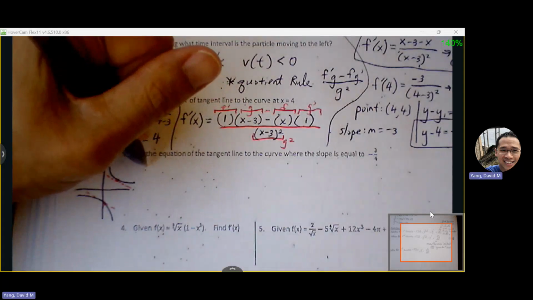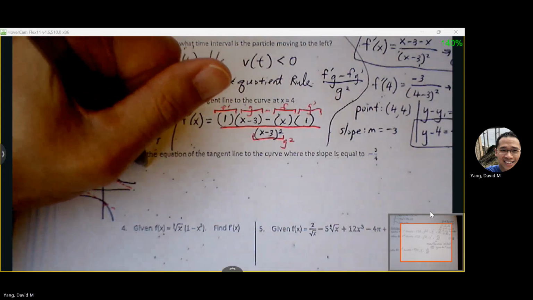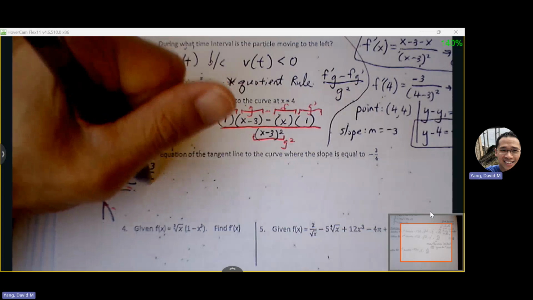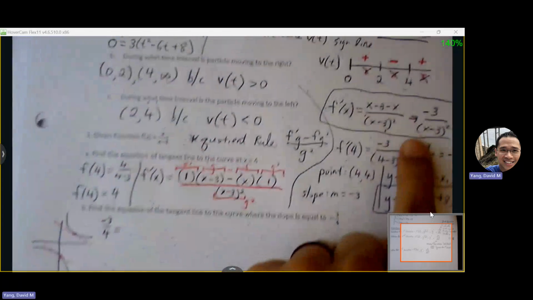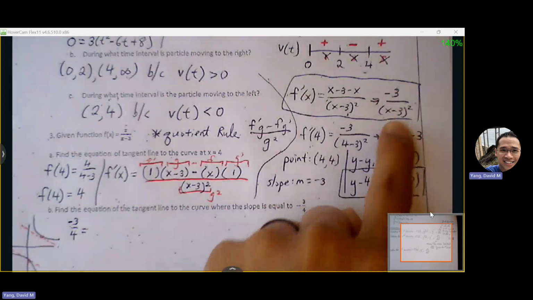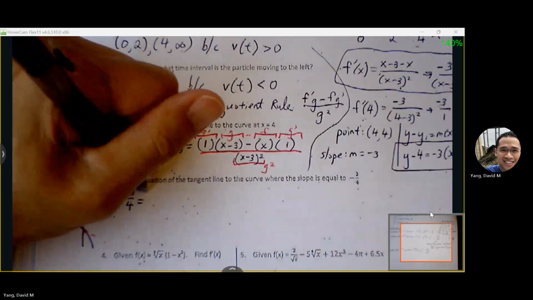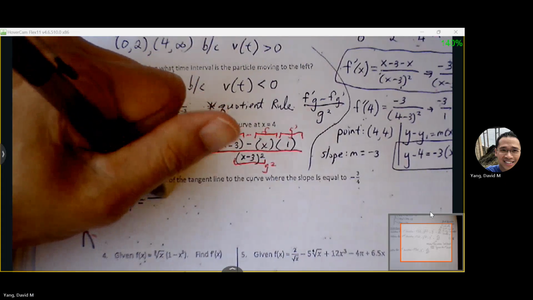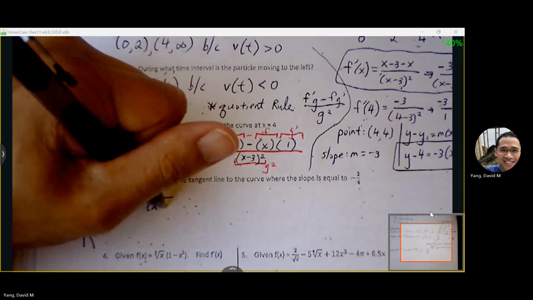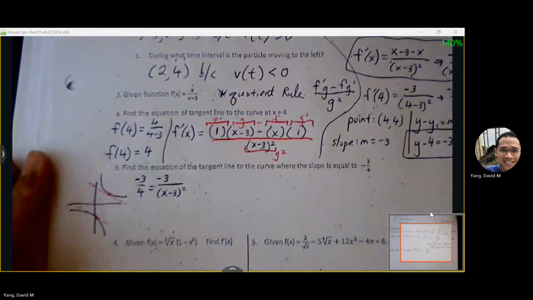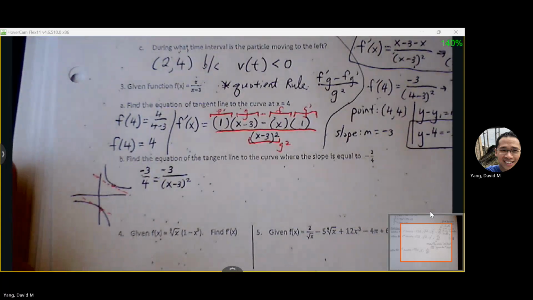So let me write that f prime. So -3/4 is my slope that I'm looking for, and then I can solve for x here. I'm going to FOIL this out.